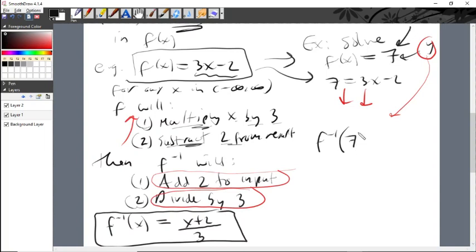So we're going to plug the number 7 into the inverse. And then the inverse is going to do the work of finding out what the value of x was that we should have used. If we plug in 7, the output of the original function, as the input of the inverse function, the inverse then does this: 7 plus 2 over 3, which equals 9 over 3, which is equal to 3.